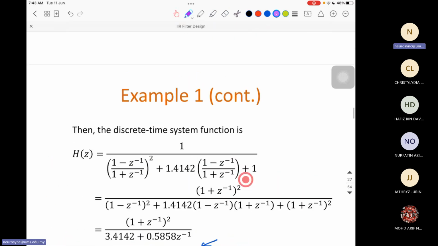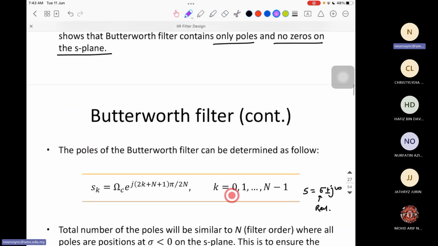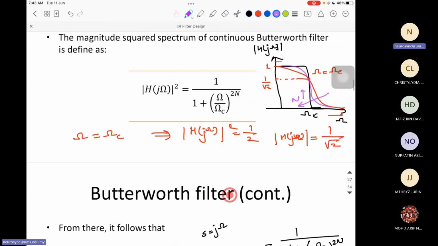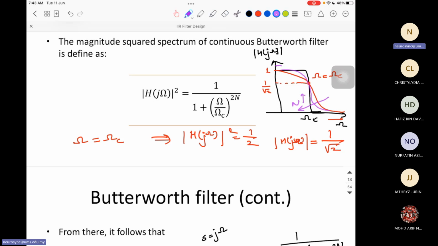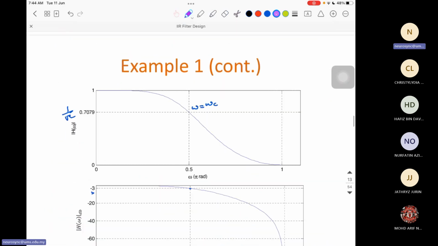The relation, as we have seen yesterday, is the magnitude squared of H equals 1 by 1 plus omega by omega c to the power 2N. Now we have considered omega c equal to 1. Therefore, H of j omega squared is equal to 1 divided by 1 plus capital omega to the power 2N. We will get this, and it is written here.